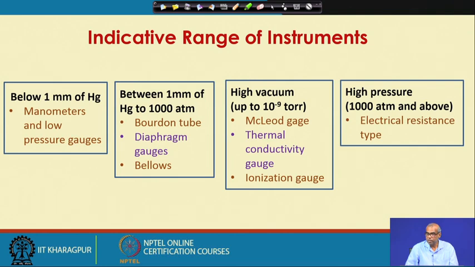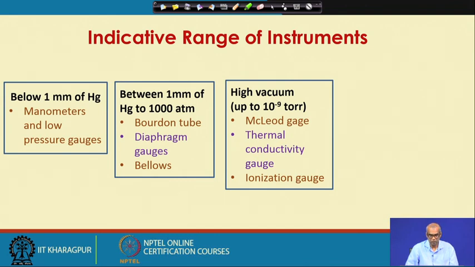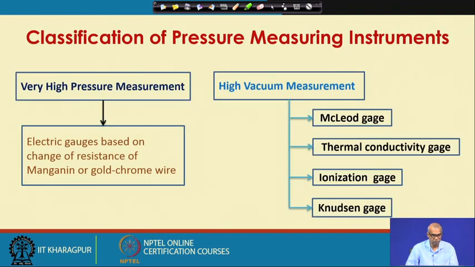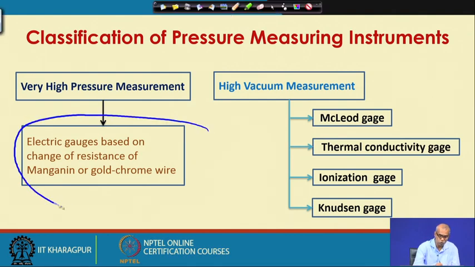These depend on the principle that at high pressure there will be changes in the resistance. So, electrical gauges based on change of resistance of manganese or gold chrome wire.